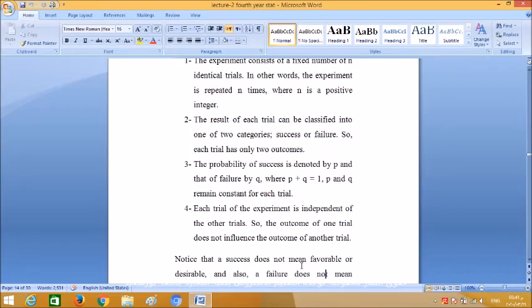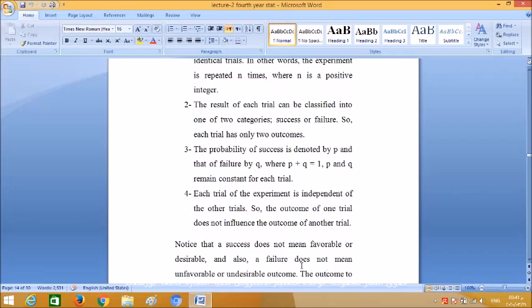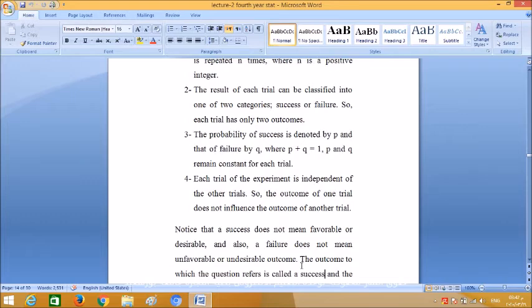Notice that a success does not mean favorable or desirable, and also a failure does not mean an unfavorable or undesirable outcome. The outcome to which the question refers is called a success. So if we want to compute, for example, the probability of success in an examination, you see that this probability means a success.